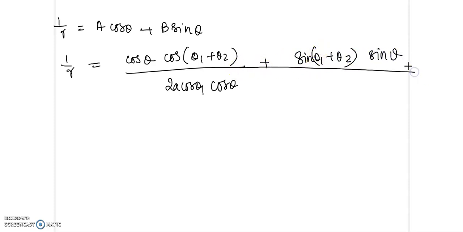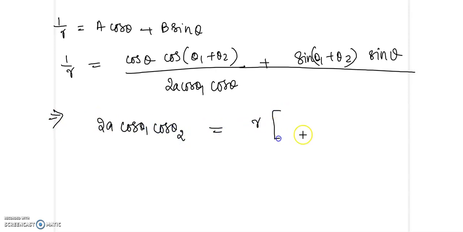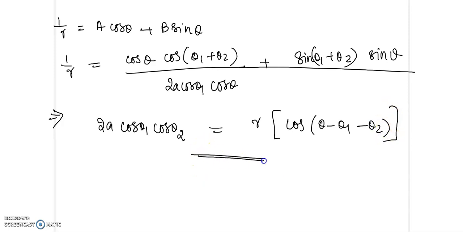The denominator is going to be the same. So that will be 2a cos theta 1 cos theta 2 equal to r times, now this is in the form cos a cos b plus sin a sin b, that will be equal to cos (a minus b), so you can write it as cos (theta minus theta 1 minus theta 2). So that will be the required equation.